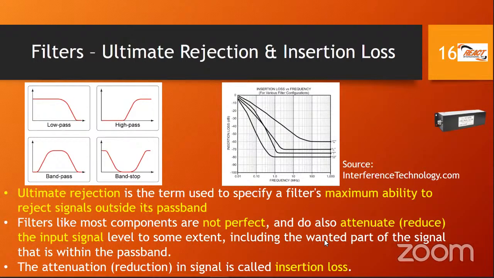Once you insert that filter into the circuit, it will reduce your signal to some extent, or it will attenuate. When a filter reduces or attenuates the signal in that way, we refer to that as insertion loss. So think of it as we have just inserted the filter, and there's loss of signal by inserting it, hence the term insertion loss.